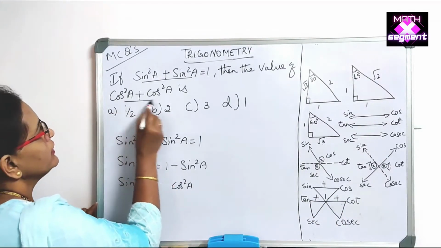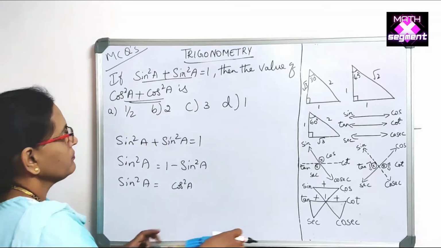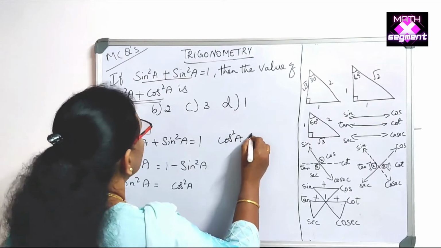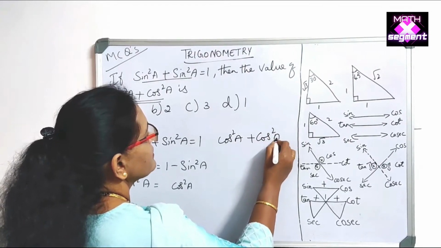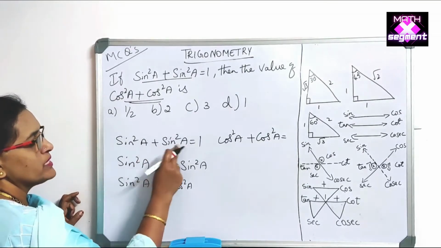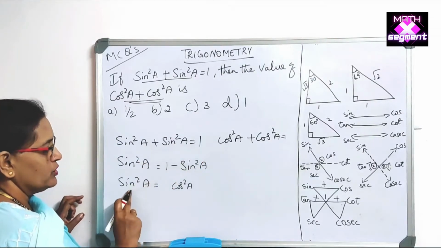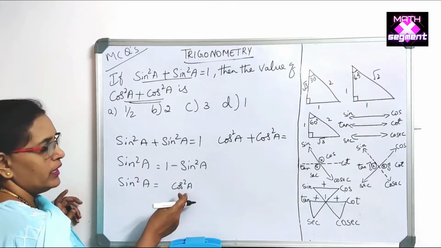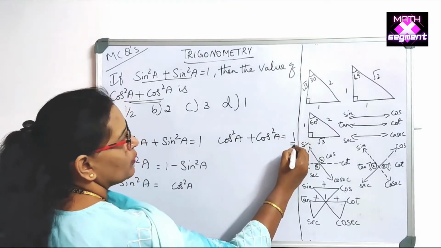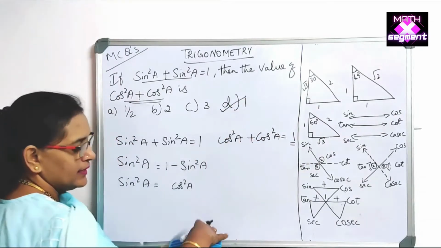So what we have to find out here is cos square A plus cos square A is equal to what? So now here we have proved sin square A plus sin square A is 1, and we have proved sin square A is equal to cos square A. That means the value of cos square A plus cos square A is also 1. So option D is the correct answer.